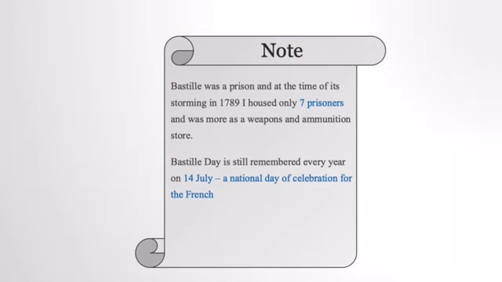So note here, quick view: the Bastille was a prison, and at the time of its storming in 1789, it housed only 7 prisoners and served more as a weapon and ammunition store.